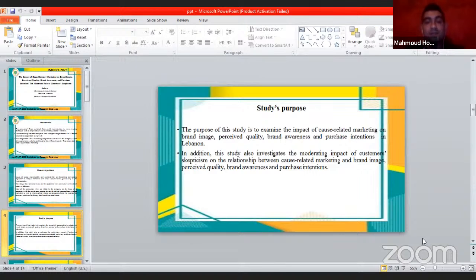As a result, cause-related marketing is a campaign like any type of marketing campaign, but this type is focused on CSR, or corporate social responsibility.